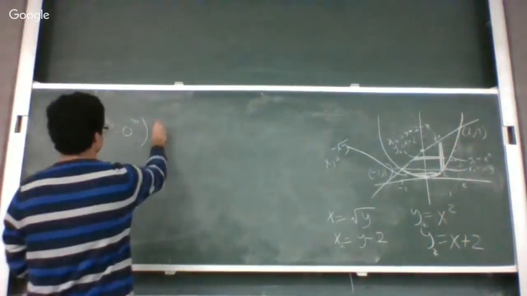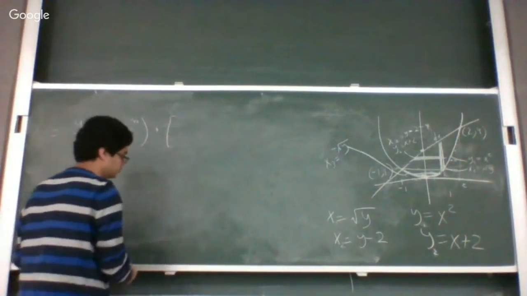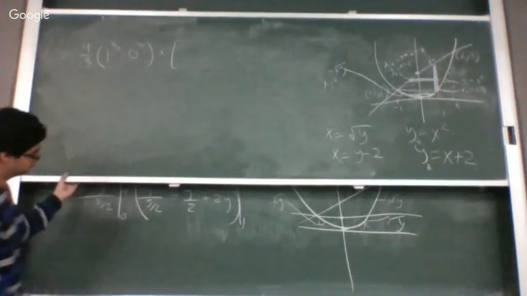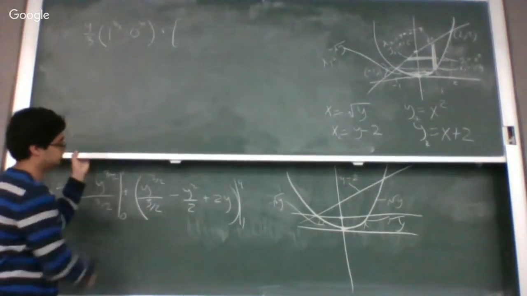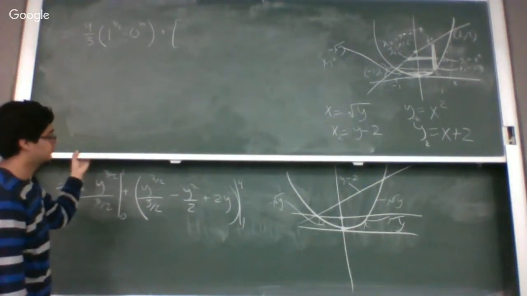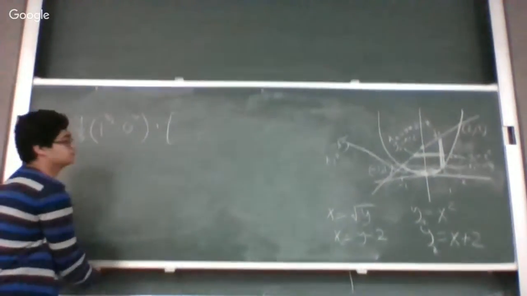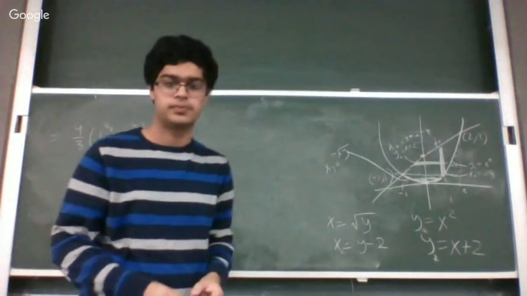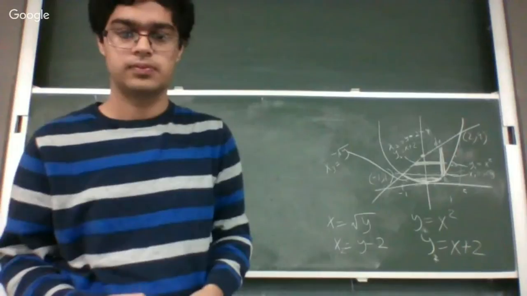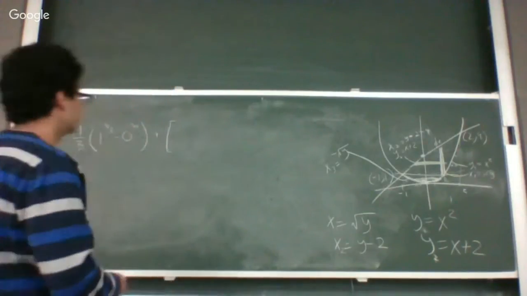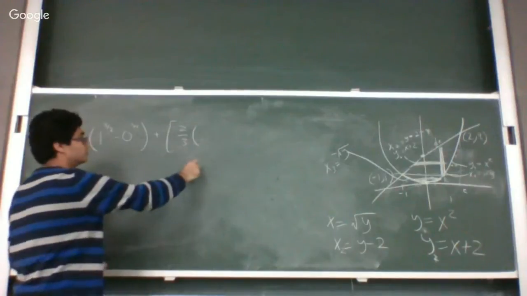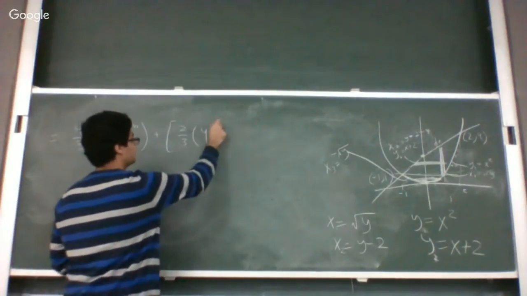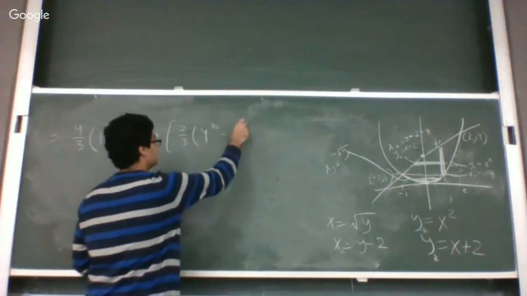Plus 2/3 times 4 to the 3 halves minus 1 to the 3 halves.